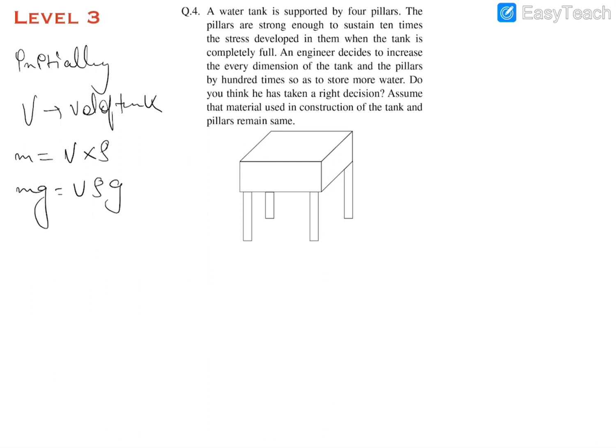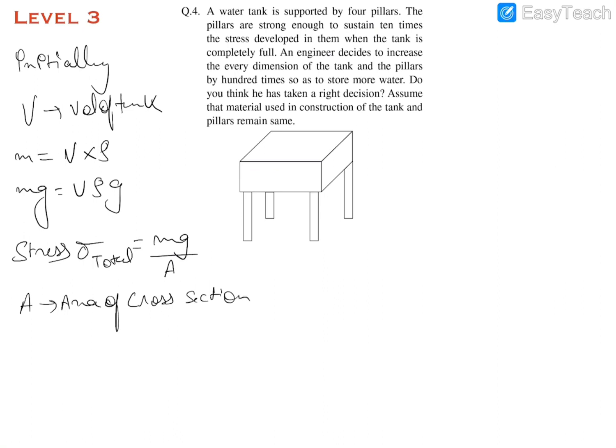Now the total stress, sigma total, will be mg by area, where A is the area of cross section of each pillar.